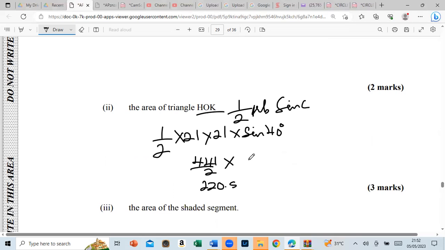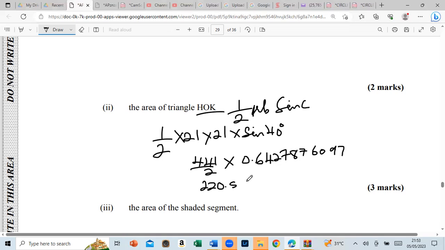So you press sin, type in 40, equal, that's 0.6478760 97.